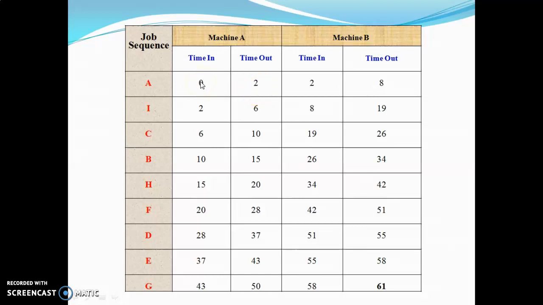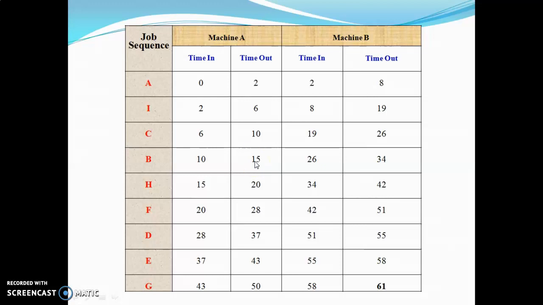The minimum processing time is 2, then comes job I. This comes again 2 and the next is minimum time 6. After 6 is completed, the 6 again becomes time in, and out minimum time 4. 6 plus 4, 10, becomes again the minimum processing time on machine B, task B is 5. Then 10 becomes the next sequence on machine A. Again 10 plus 5 is the minimum time, which is 15.